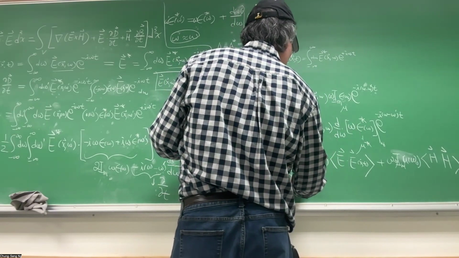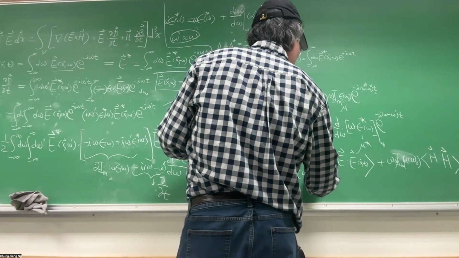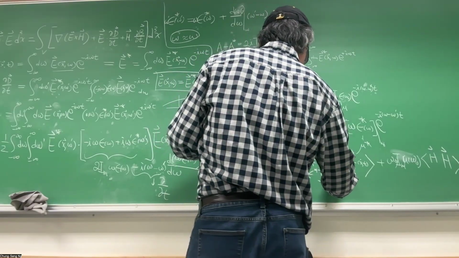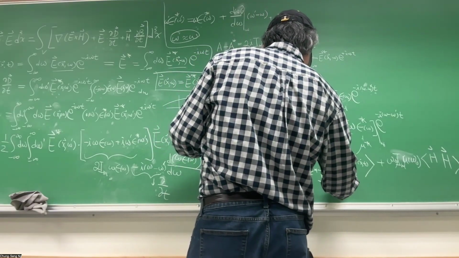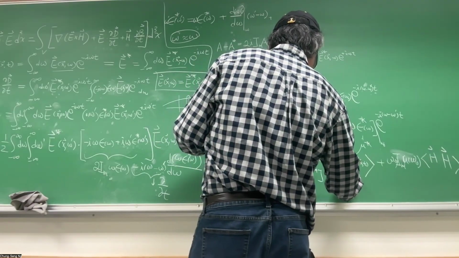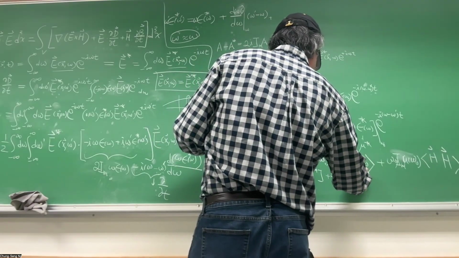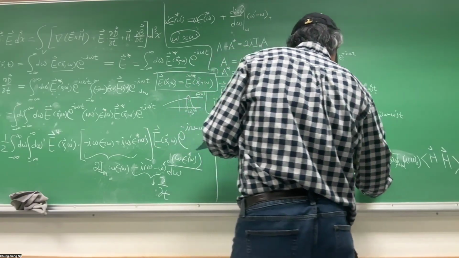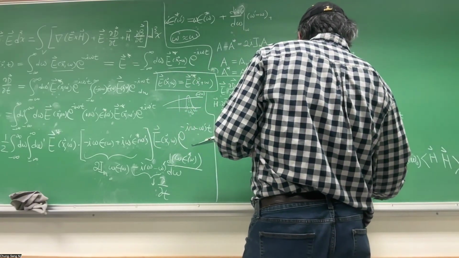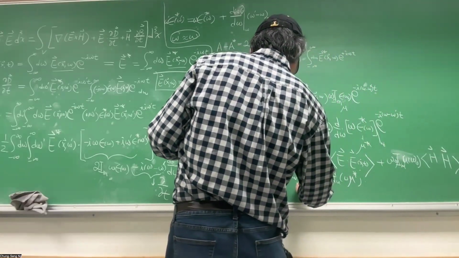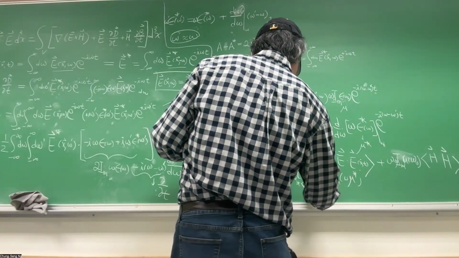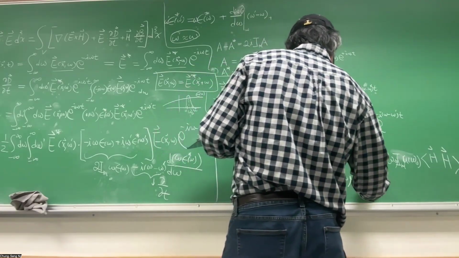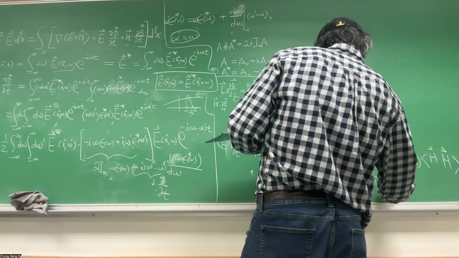So this is omega epsilon, and you have omega mu complex conjugate, and finally you have the same thing. Actually, you just need to multiply by E. You need to multiply by x.